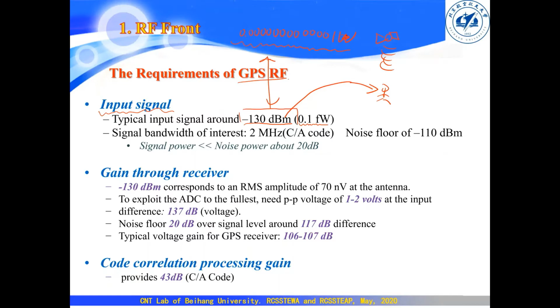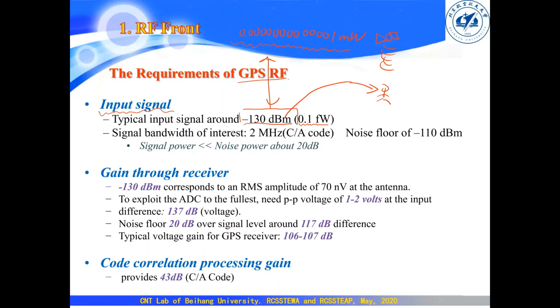Sorry, this is a mistake, it's milliwatts. We use the mathematical abbreviation of -130 dB milliwatt to represent this information, corresponding to 0.1 femtowatt. This is the signal you will receive.